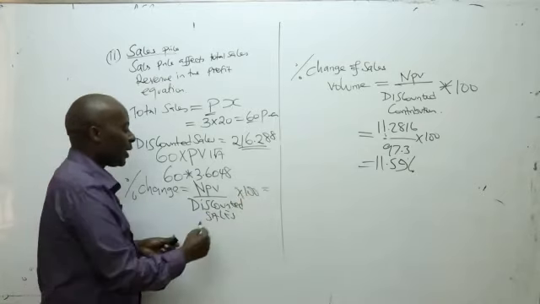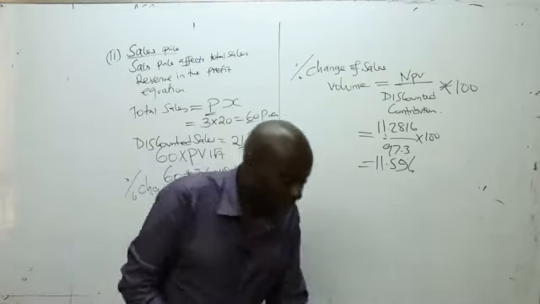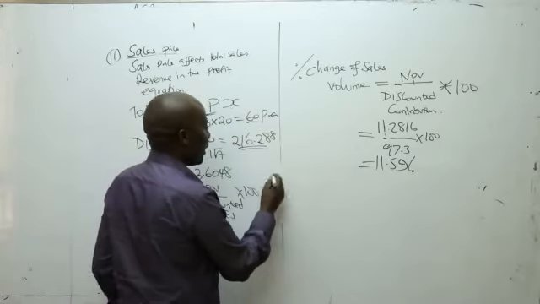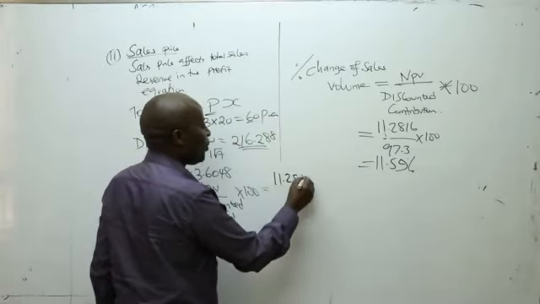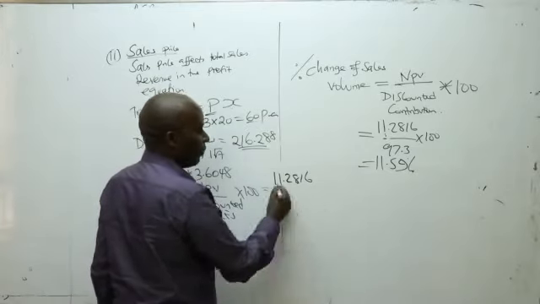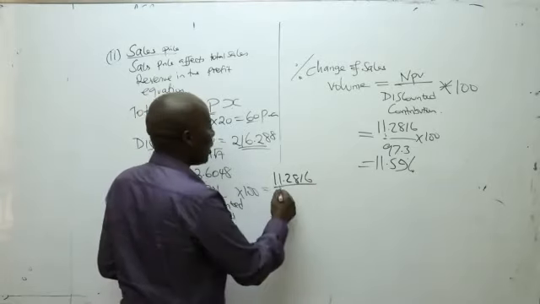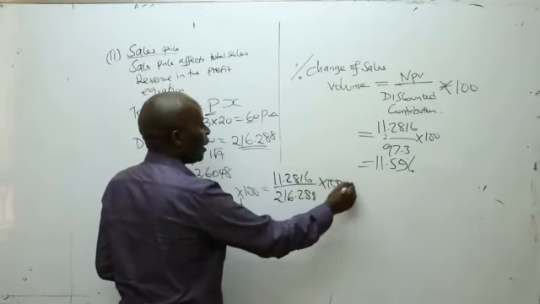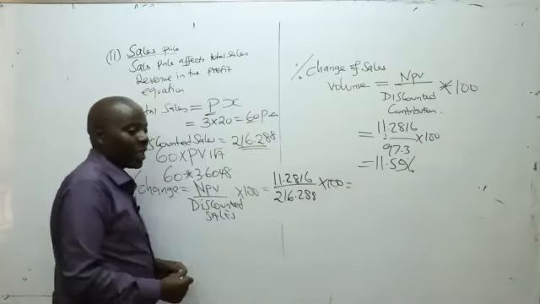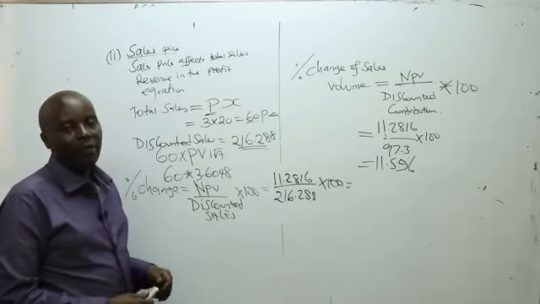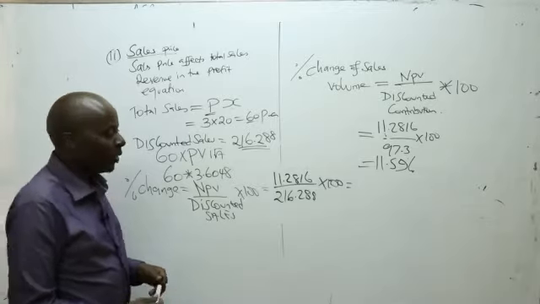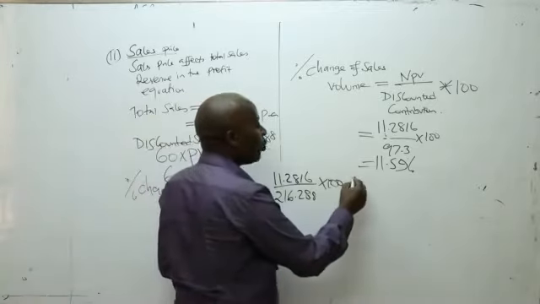So our net present value remains at 11.2816. Divide this by our discounted sales, which is 216.288, times 100. Whatever we get there, times 100. So give us a figure: 5.2%.